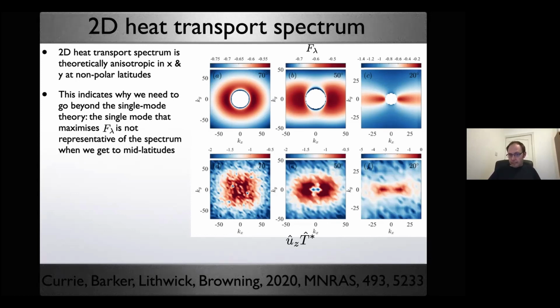And this is also predicted by this f of lambda quantity in theory, which isn't exactly analogous to the UZT, but is related. This also predicts similarly that there's an anisotropy, basically due to the growth rate of the linear modes as you move toward the equator. And so at the pole, having just one mode represents the scalings for the convection, because you can have one mode with a given length scale that well represents a circle.